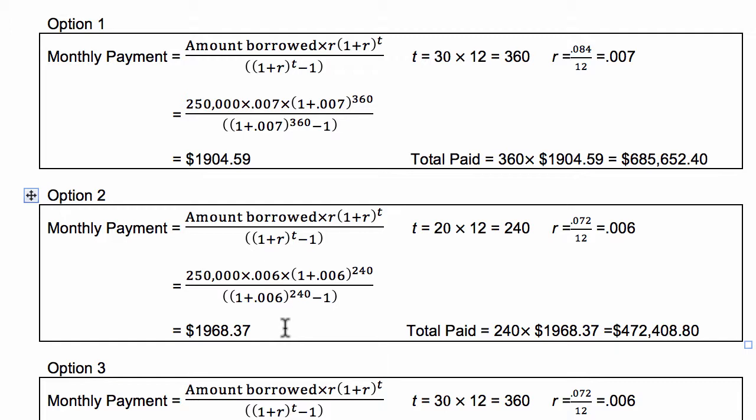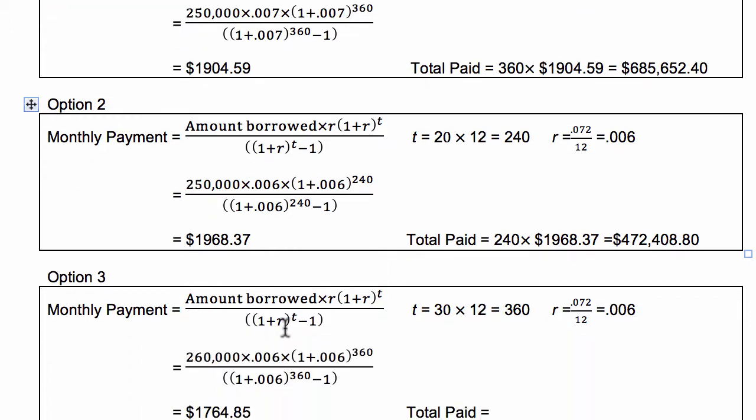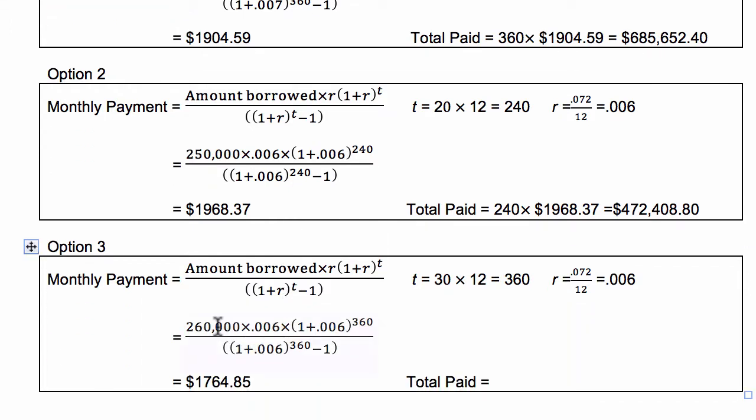Finally, let's consider option 3. Once again, we use the same monthly payment formula found at the beginning of the section. In option 3, we had to pay a fee of $10,000 in order to have our lower interest rate.